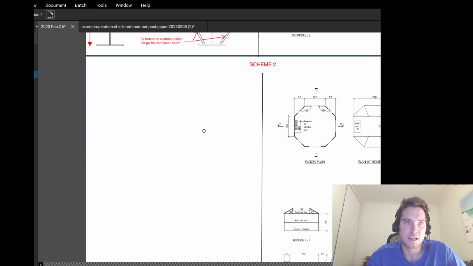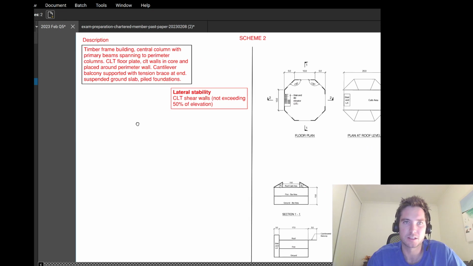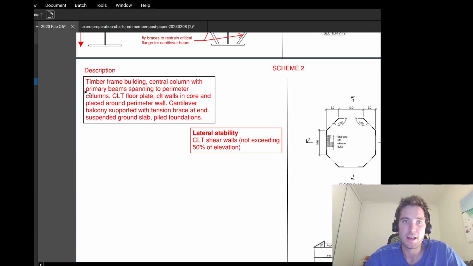Now my second concept or scheme for the same building, again following the same process, we put in our description. So here I've gone with the timber frame building with, now I'm going to use that central column that we indicated was one of the limitations. And I've got the primary beam sort of spanning from the perimeter to this central beam.